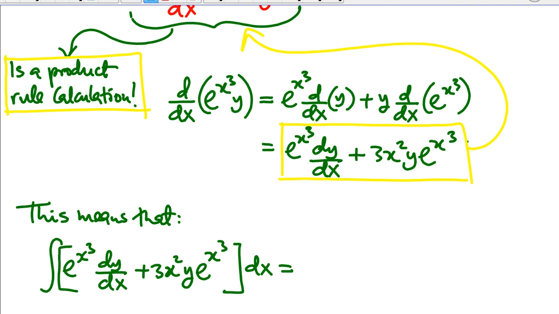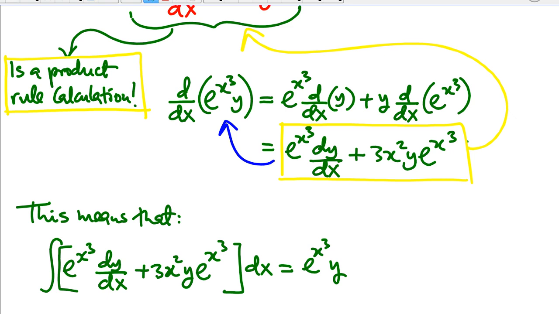So that will basically be equal to e to the power of x cubed y. So it's like you're going the reverse way. You're going from here to there.